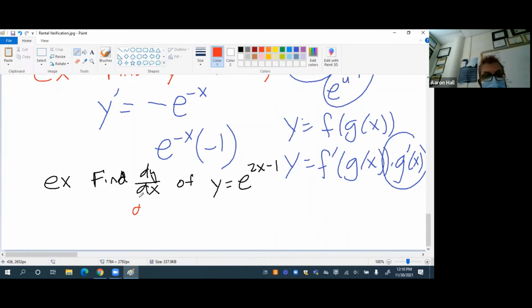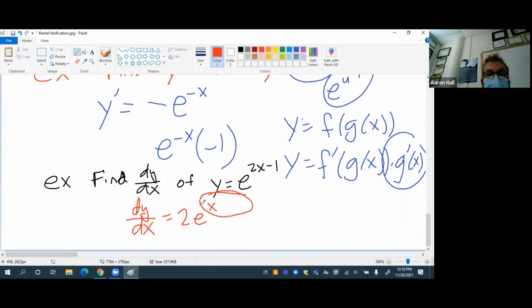So dy dx equals what? Is it 2 times e to the x? 2 times e to the x.